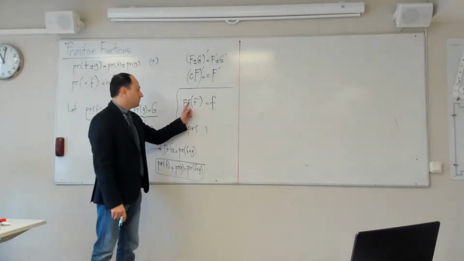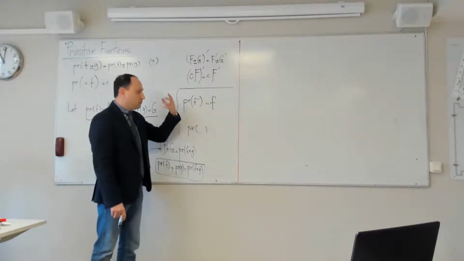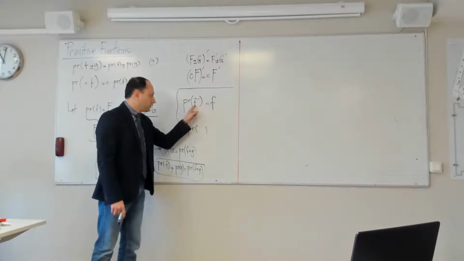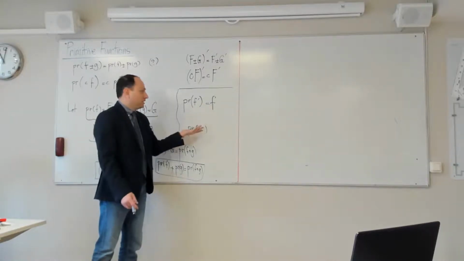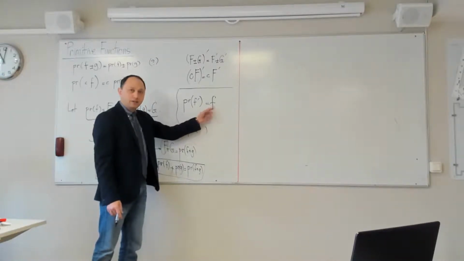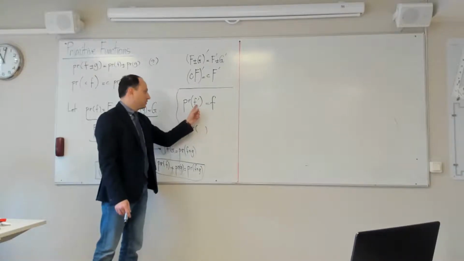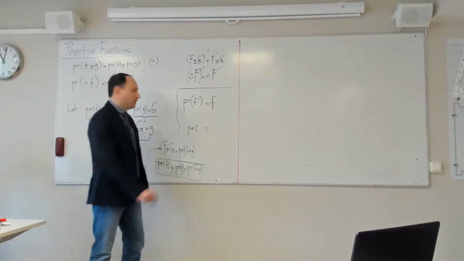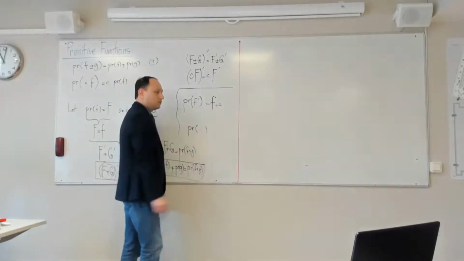What is a primitive function for f prime? It means give me a function whose derivative is this function. It is clear, if I give you f, you take the derivative, it becomes f prime, I am done. But of course, f is not the only answer. f plus 2 is also a correct answer.